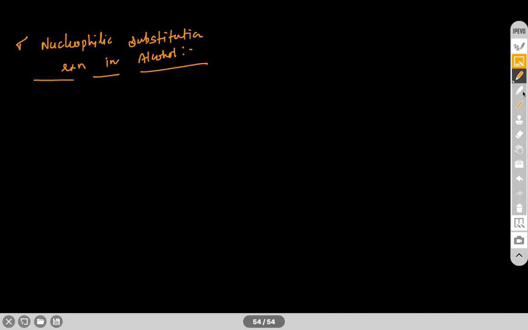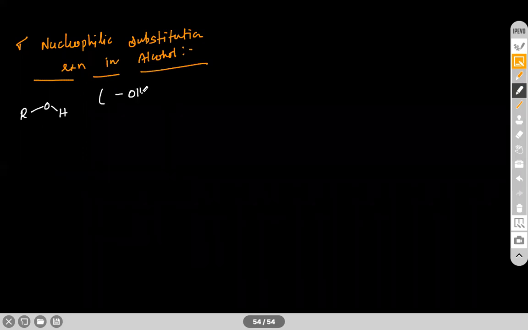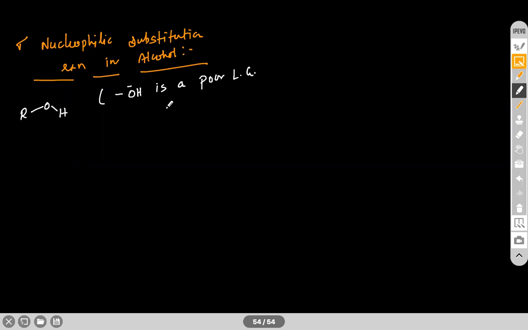See, in alcohol, what happens, I have discussed this many times. General molecule is this ROH. Now this OH minus is a poor leaving group in comparison to X minus, halide ion.